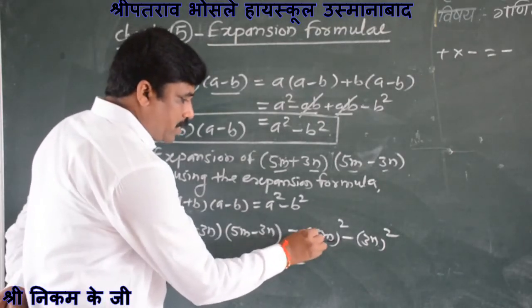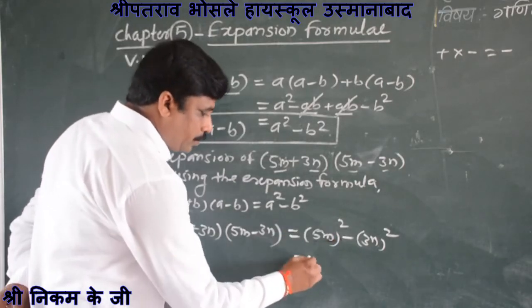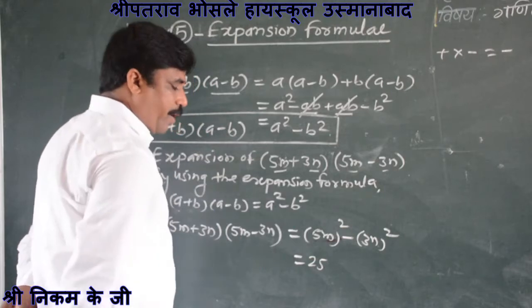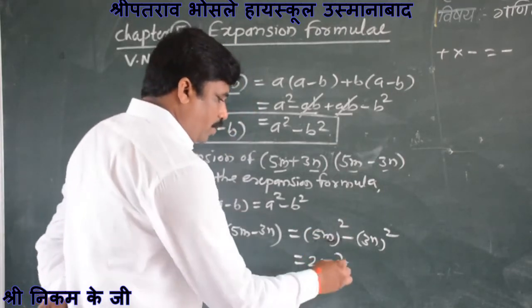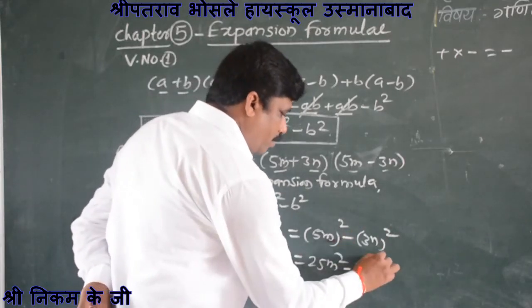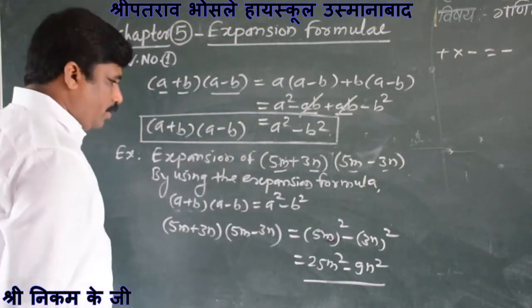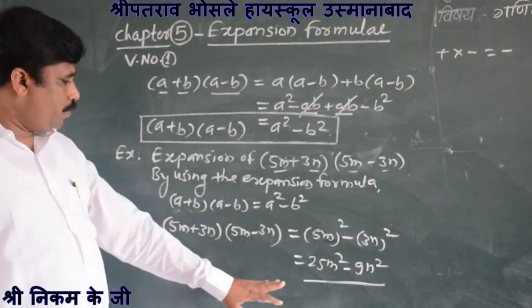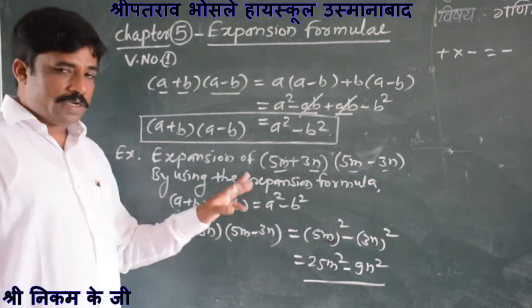Therefore, 5 square is 25, m square is m square, minus square of 3 is 9, n square. This is the solution of the expansion of 5m plus 3n into 5m minus 3n.